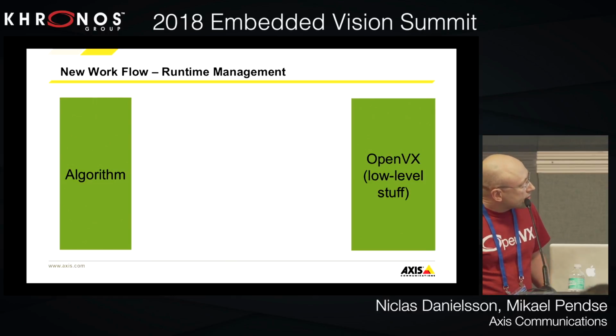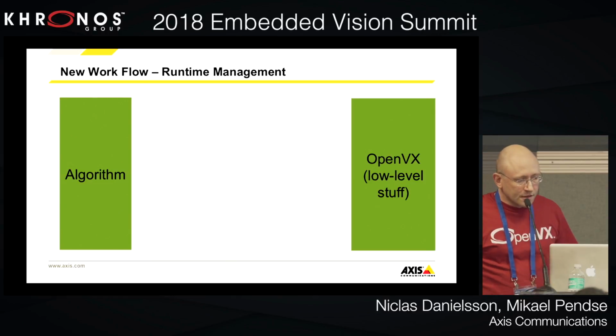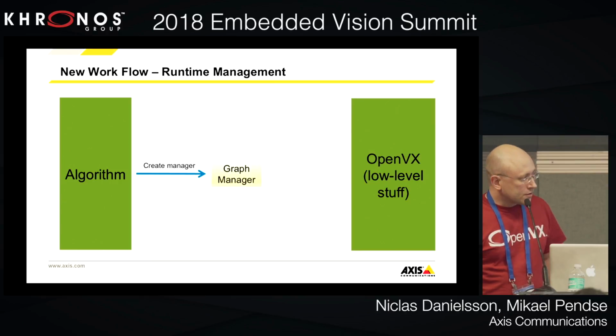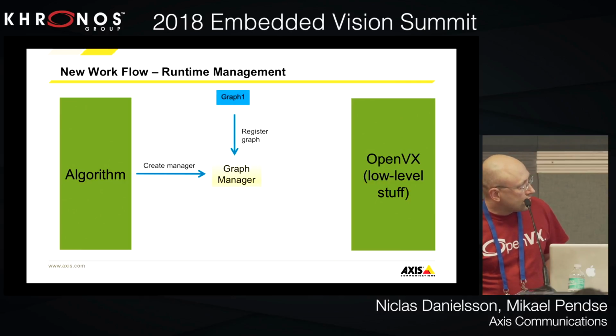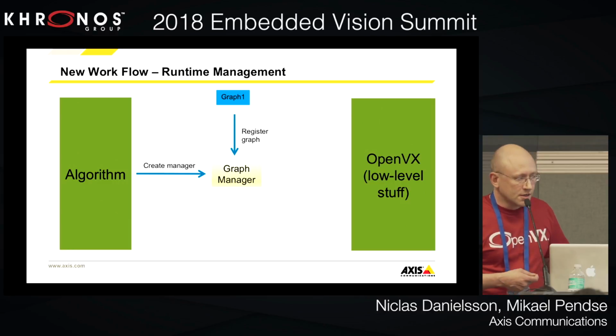So now when you have that, the new workflow runtime management becomes like this. You have the algorithm on one side, and you have the OpenVX low-level stuff on the other side. What you do is you create your manager, and then you have a graph that is generated by the parser. So you register that graph to the graph manager.